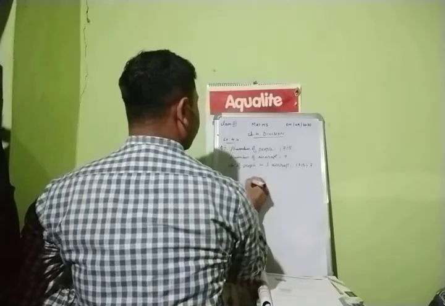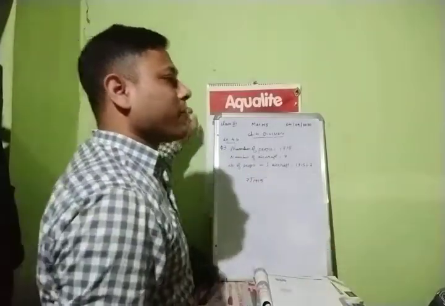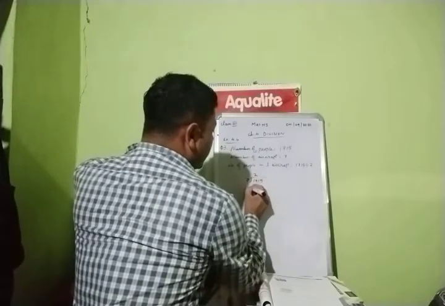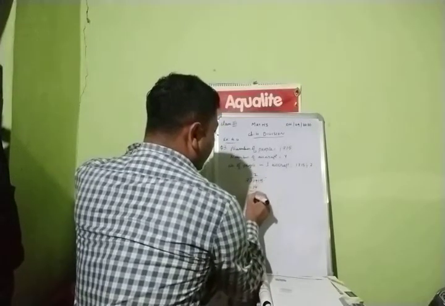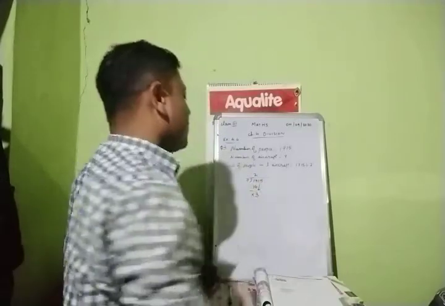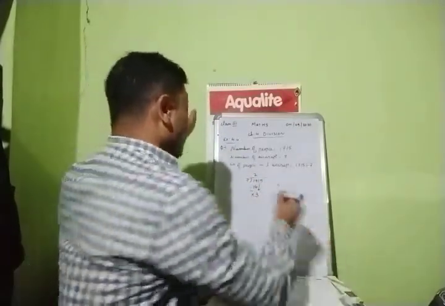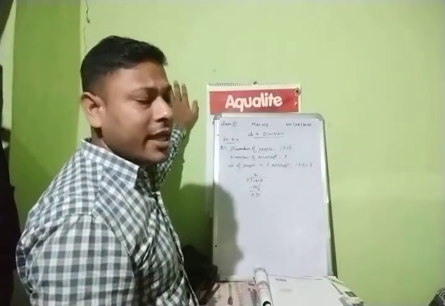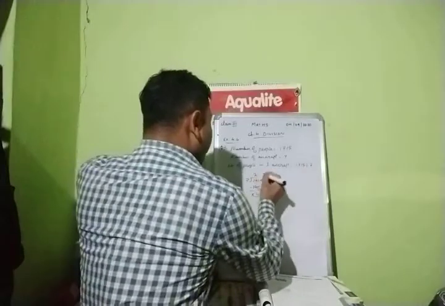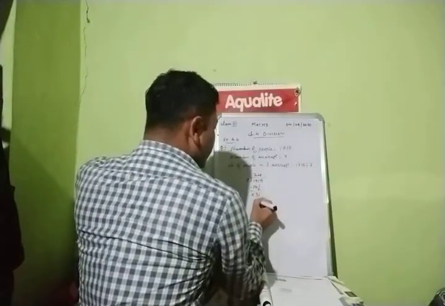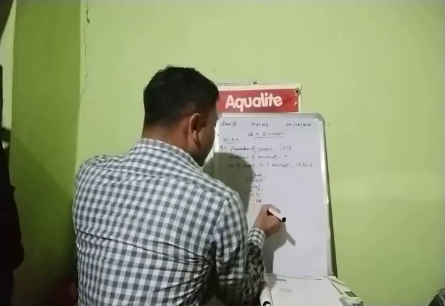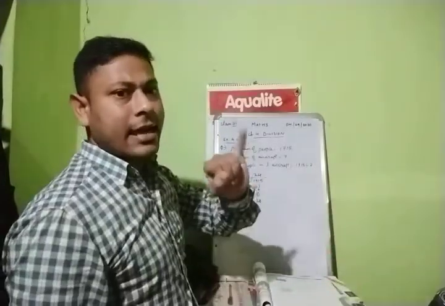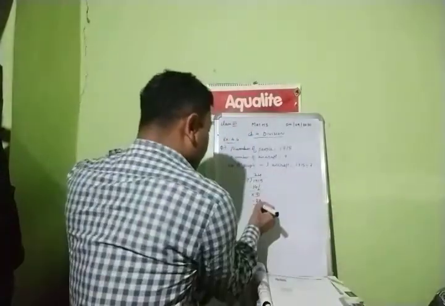1715 divided by 7. 7 1s are 7, 7 2s are 14, 7 3s are 21. So we cannot take 21. 7 2s are 14. 7 minus 4, 3, 1 minus 1, 0. 1 will come down. Then 7 4s are 28. 1 minus 8 we cannot do, we will borrow 11. 11 minus 8, 3.